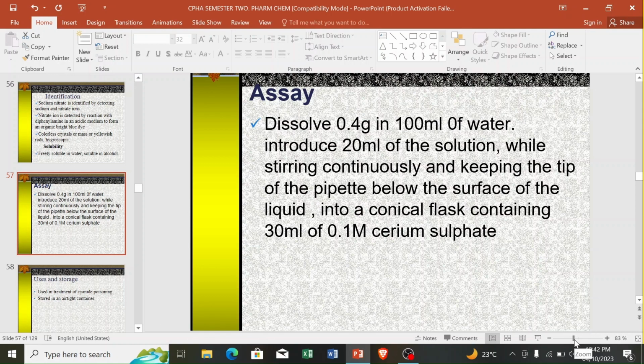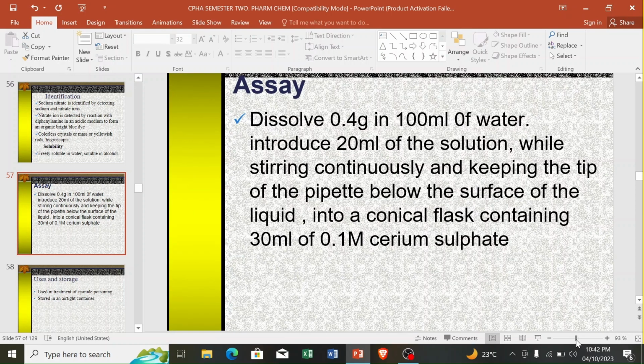So here the first thing is we have to dissolve 0.4 grams of sodium nitrate in 100 ml of water, because we saw the sodium nitrate in crystal form, and titration cannot be carried out when it is in crystal form.